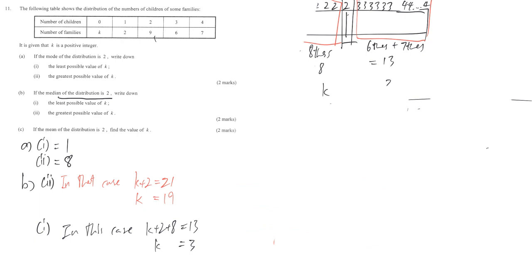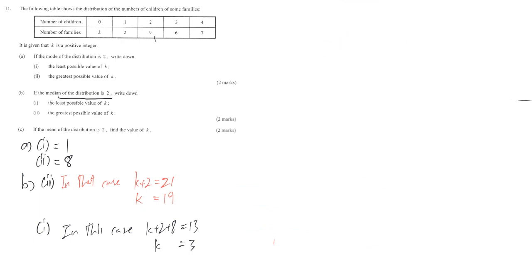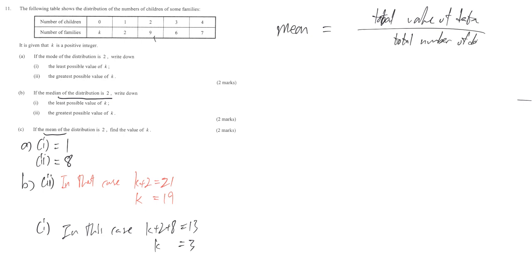So in part C, we need to find out the mean. They tell us some information about the mean. So don't forget that the mean is the total value of data divided by the total number of data. That means using the frequency. The mean is given, which is 2.